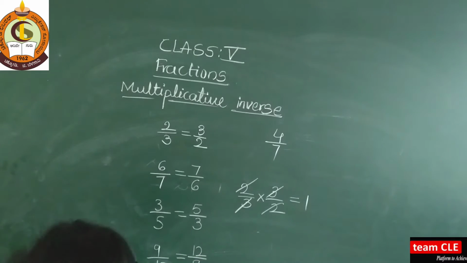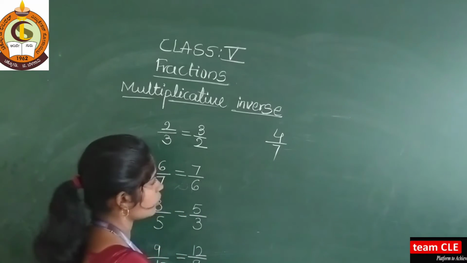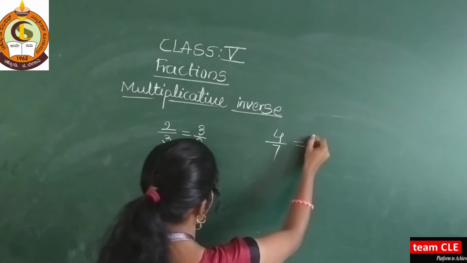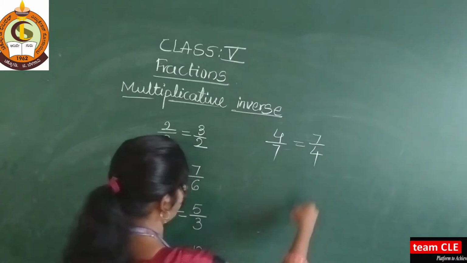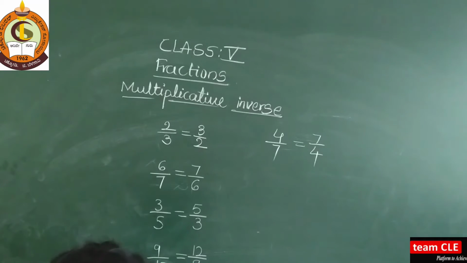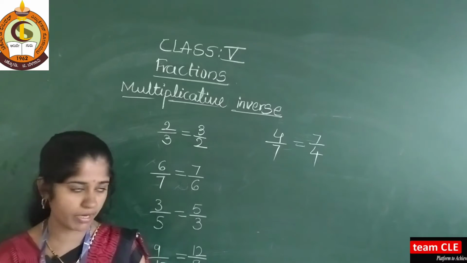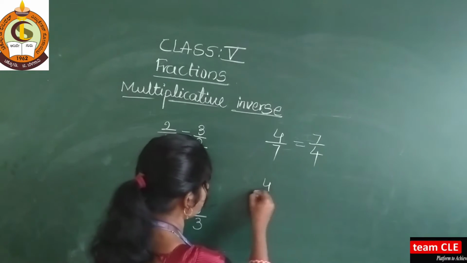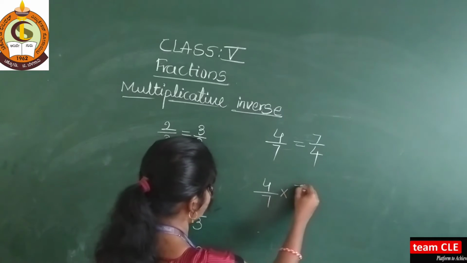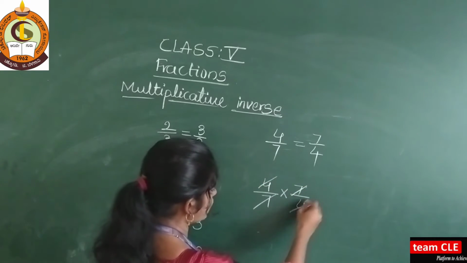Whenever you get the product as 1, they are the multiplicative inverse of each other. So the multiplicative inverse of 4 by 7 is 7 by 4. Understood? See here, in your question they have given: when the product of two numbers is 1, each is the multiplicative inverse of the other. So the product of 4 by 7 into 7 by 4: this 7 cancels, this 4 cancels.